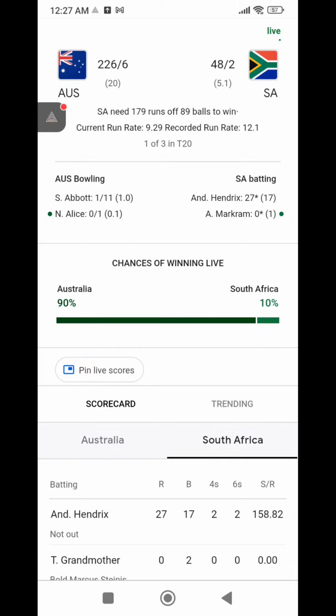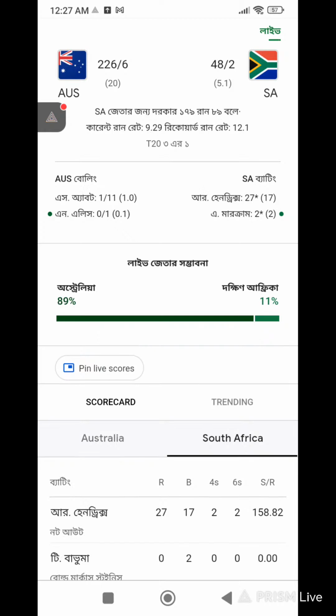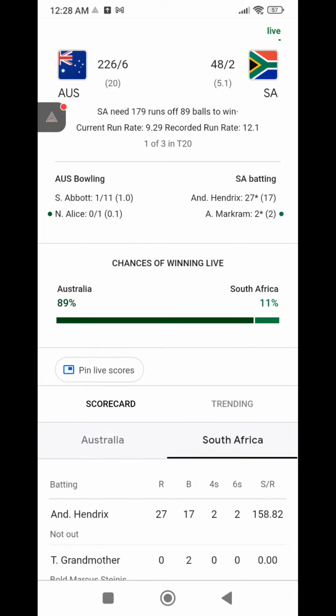The new bowler of Aussie, Nathan Ellis. So Markram 2 of 2 and Hendricks 27 of 17. Current run rate is 9.29 and required run rate is 12.